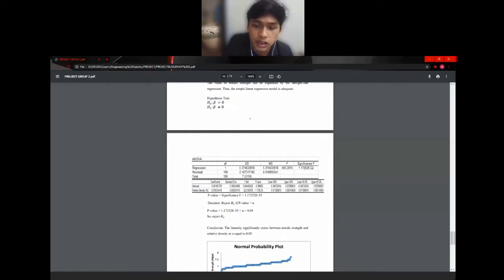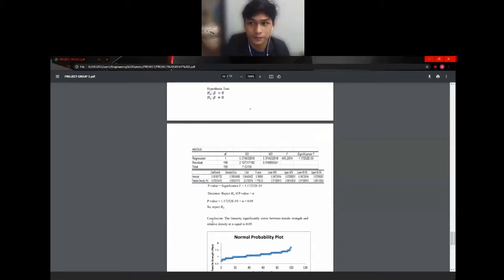So this is the p-value, and the value of alpha is 0.05. So we reject H0. To conclude, linearity significantly exists between tensile strength and relative density at alpha equal to 0.05.